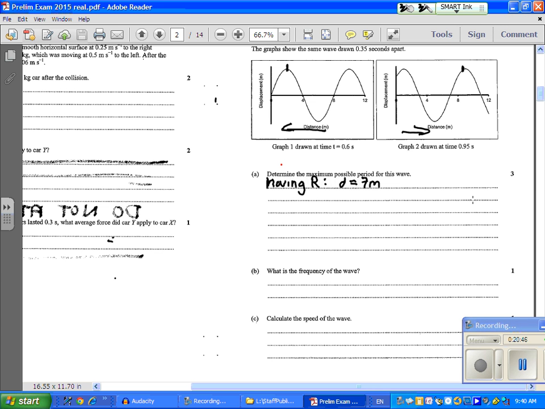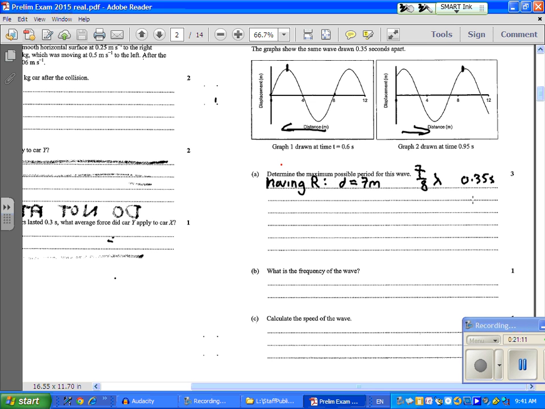Okay, so the thing is, if it's moved 7 metres in that direction, we also know that the wavelength of this wave is from that point to that point, so it's 8 metres long, right? So in that time, it's moved 7 metres, it means it's moved 7/8 of a wavelength in a time period of 0.35 seconds, correct?